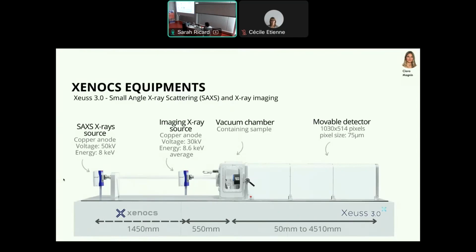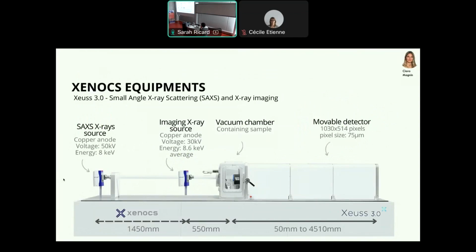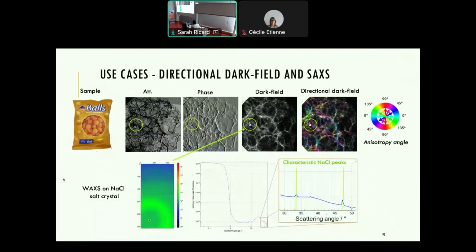And so the idea is that we incorporate this membrane in their setup and analyze the data with the numerical pipeline to automatically perform phase contrast and dark field CT out of the synchrotron. And here are, for instance, the results.